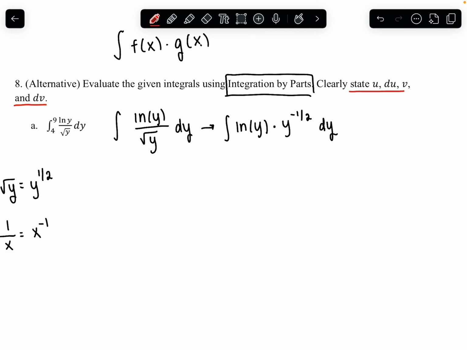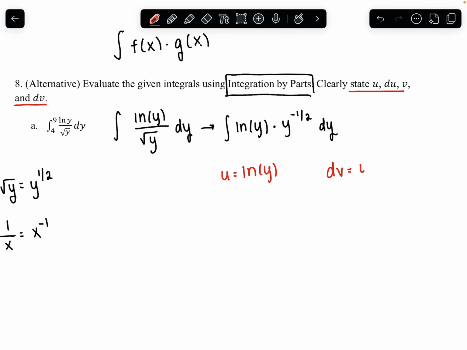Okay, so I have a multiplication. I'm ready to break this up between u and dv. Like I just said, if you see ln, it's always going to be your u because we don't know its antiderivative. So we're not going to take its antiderivative, okay?